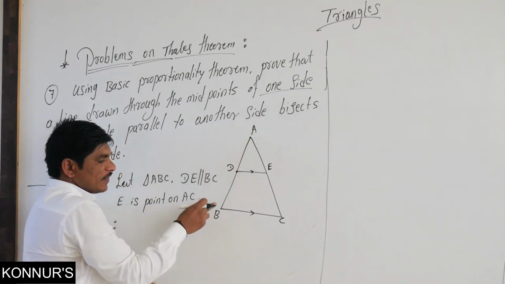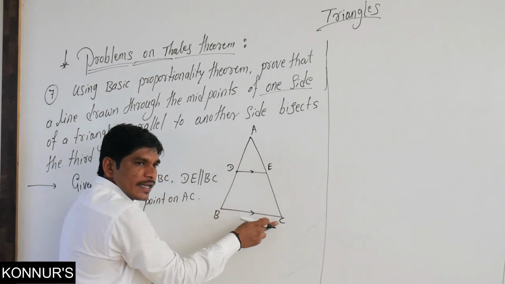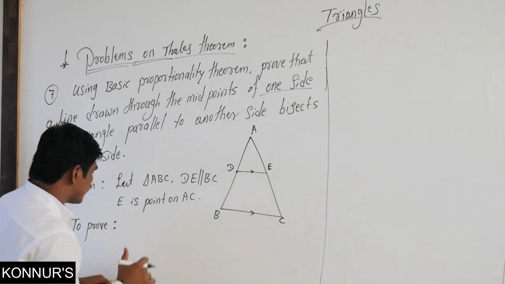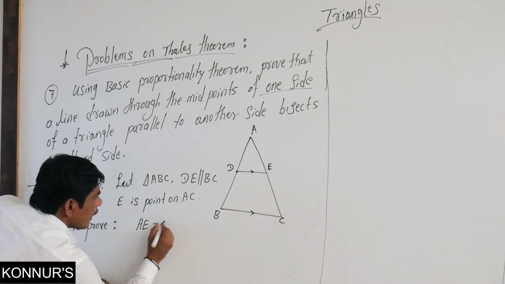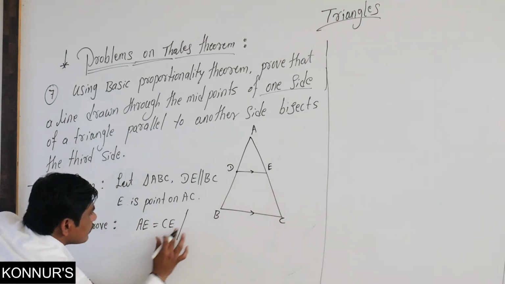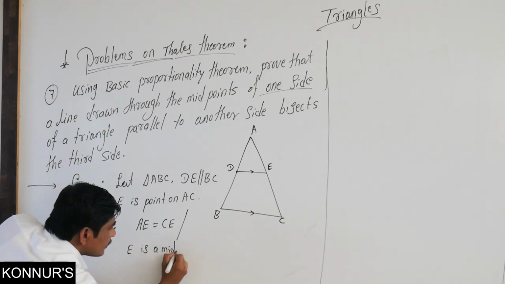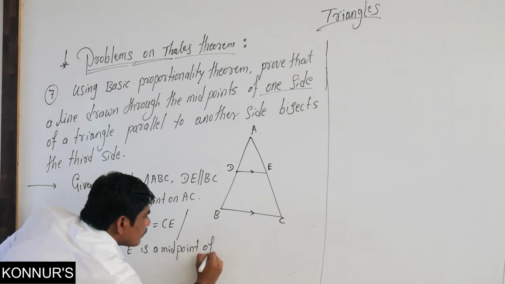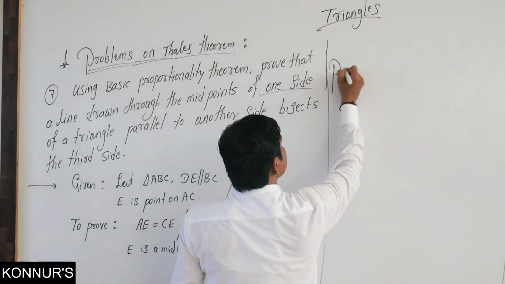We consider the first side is AB, the second side is BC, then the remaining side is AC. This is the third side. This third side is bisected. Bisected means divided into two equal parts. That's why AE is equal to CE, or E is a midpoint of AC.